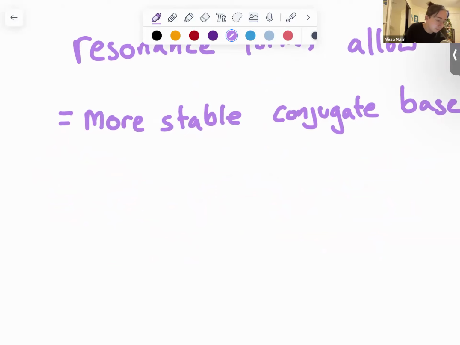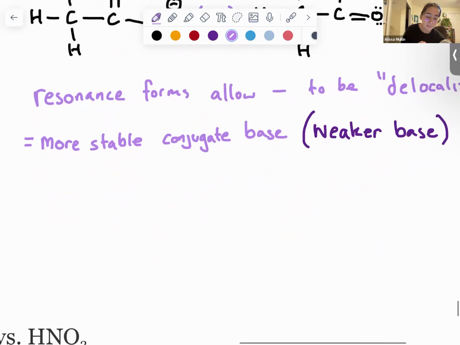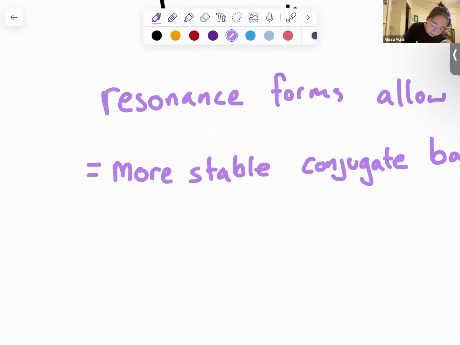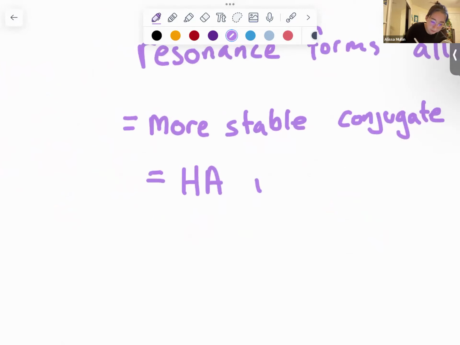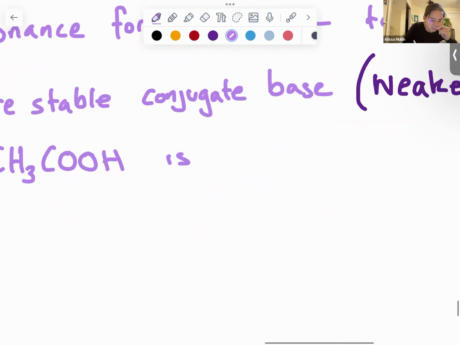Okay, so we have a more stable conjugate base, which means HA, this original, here, I'll just write out the full formula for it, is the stronger acid.